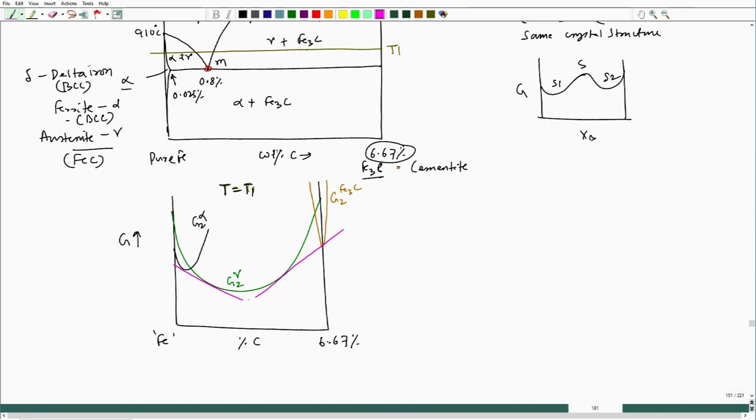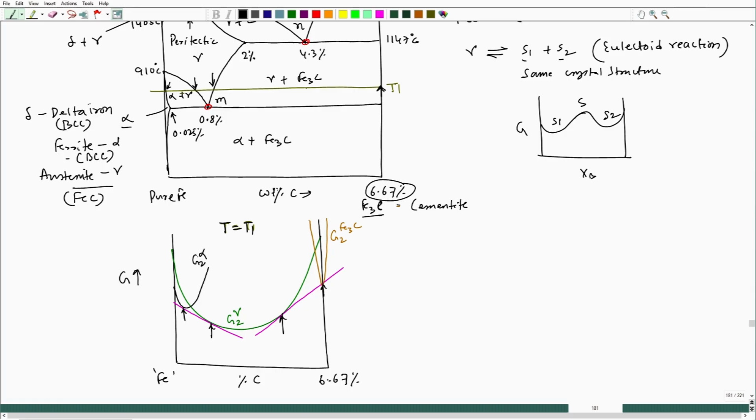These two common tangents, and this composition is here, and this composition is here, and this one is here, and this one is at this location. I have just made a little adjustment in order to show the differences, but here also you can mark them.